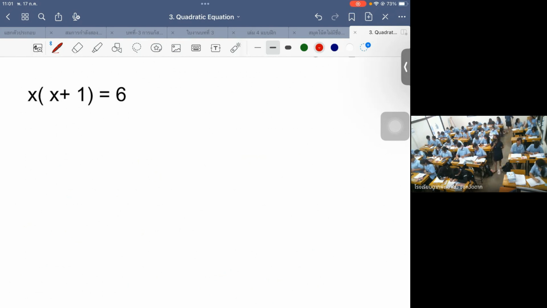So the first step, you need to multiply each. Second step, multiply first. Next step is get the quadratic equation. Okay, great.